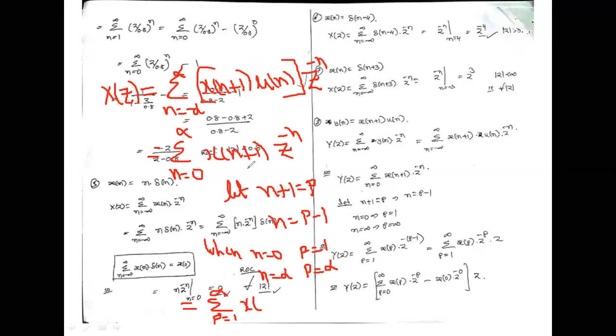X of n plus 1 now becomes x of p, and z power minus n, where n is p minus 1.